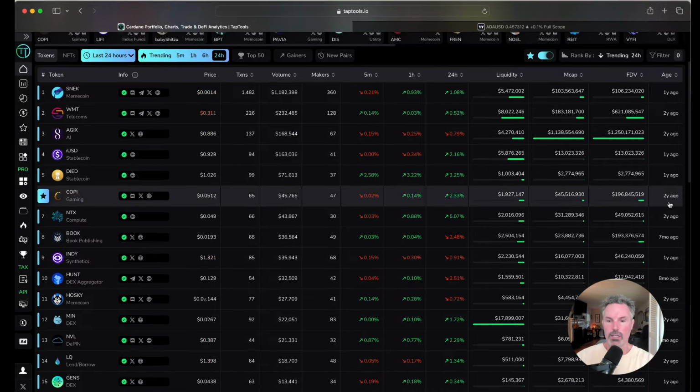Here's the buried lead. You will never see a project with more than 2 years of history here on TapTools, which showcases all of the Cardano Native Token projects. All these projects can only be 2 years old because Cardano's implementation of Cardano Native Token standards is 2 years old. It's going on 3 years here.